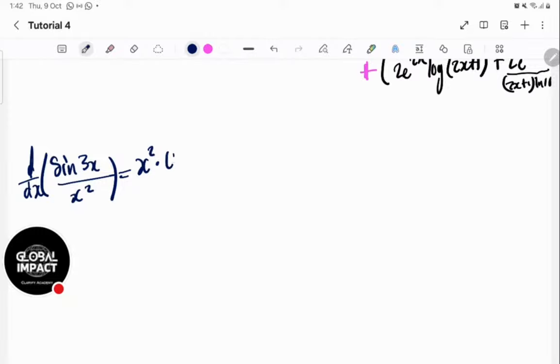When you differentiate sine, you get cos of what? Of 3x. The inside doesn't change. Then you multiply by the derivative of the inside. You multiply then by 3. Then you say minus high, which is now sine 3x, d low, which is times the derivative of x squared, which is 2x. So here it is all over the denominator x squared all squared.